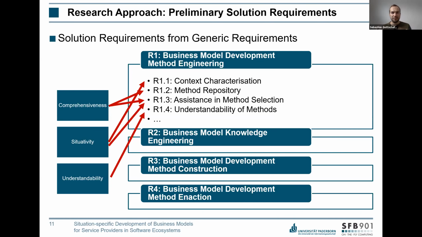Then out of both, I create a method as a method construction, and then at the end I enact that. Here you can also see that we are matching these generic requirements to our solution requirements. For example, comprehensiveness I solve by having a method repository and assistance in method selection. Situativity I cover by a context characterization and assistance in selecting the right method which fits the situation. And understandability we have covered by providing really understandable things for the methods.